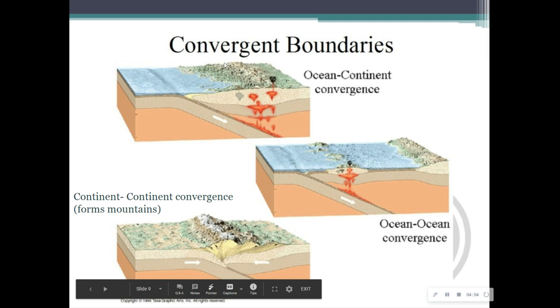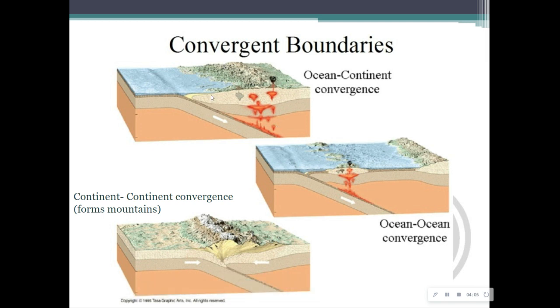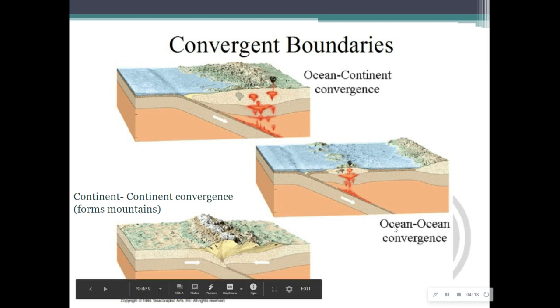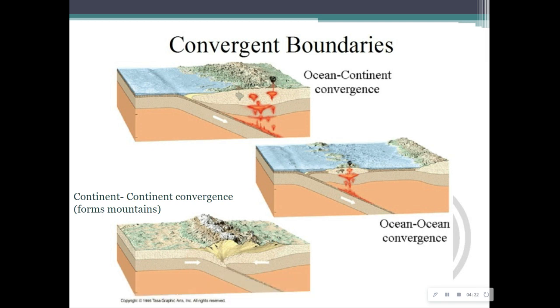For a convergent boundary with ocean and continental, it will create more of a trench and then mountain ranges on the edges with volcanoes possible. But you will definitely see volcanoes in ocean-to-ocean convergence. That's when volcanoes tend to spike up and you'll see island ranges, just like the Hawaiian Islands.